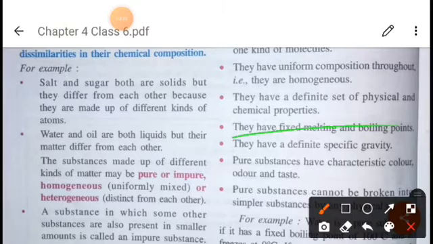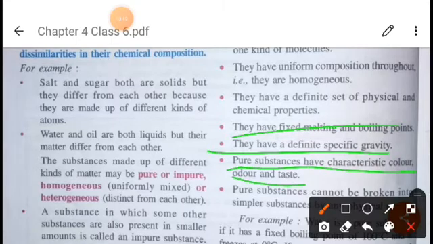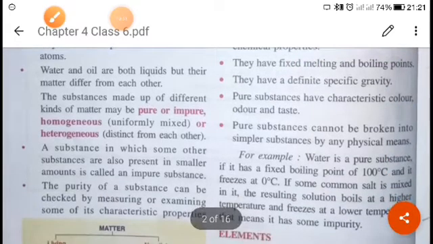They have a fixed melting and boiling point, a definite specific gravity, and moreover, a pure substance has a characteristic color, odor, and taste. Again, a pure substance cannot be broken down into simpler substances by any physical means.